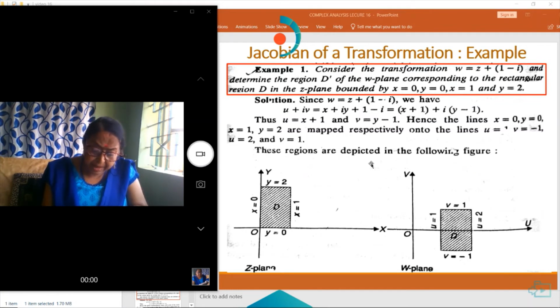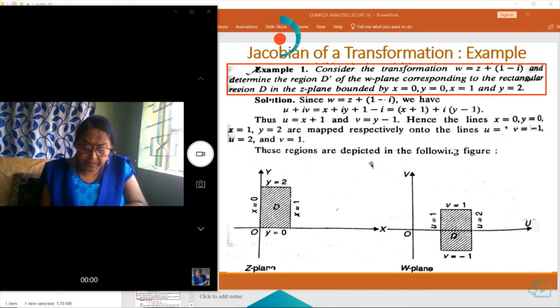So in the z plane, we will draw the graph for x equal to 0 and y equal to 0, x equal to 1, and y equal to 1. Drawing this graph, we get the shaded portion which is in the z plane.